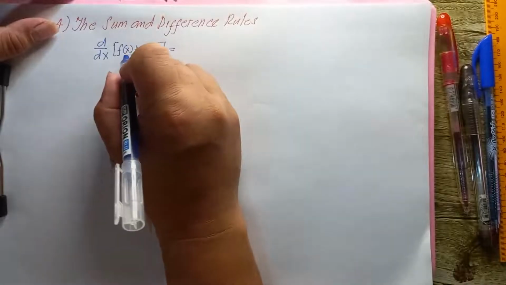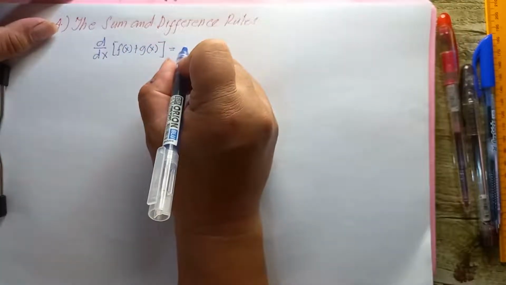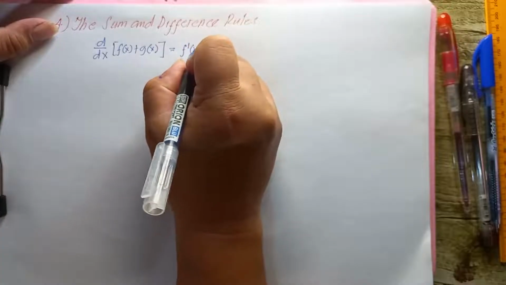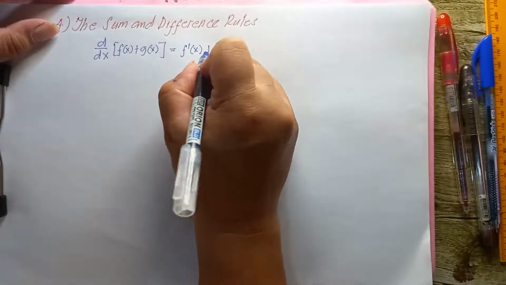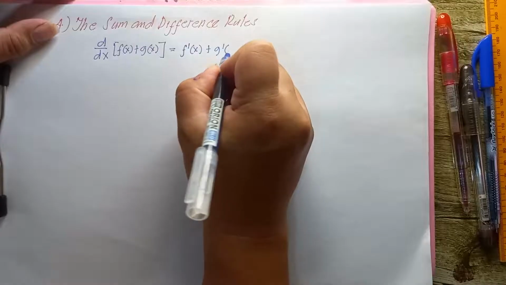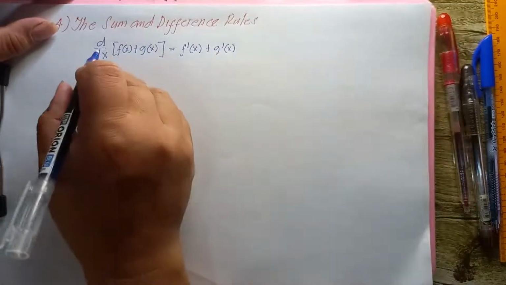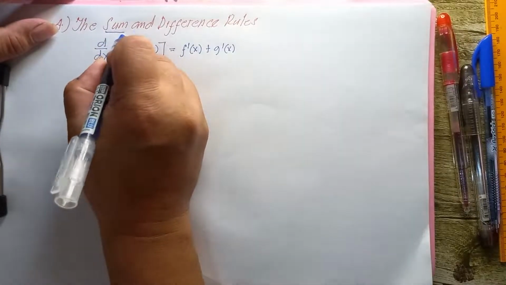So what is the derivative of f of x? That is the same as f prime of x plus g prime of x. Okay, so that is the meaning. That is for the sum.